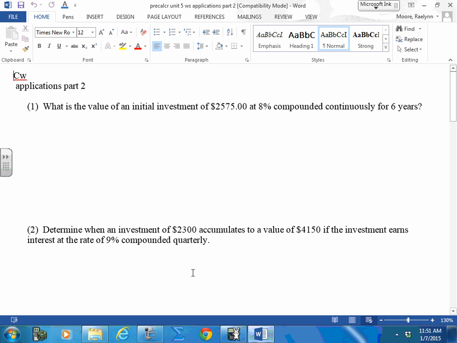Okay, we're going back to your investments. And you actually did these before. So start like this at the top. This is your compounding formula. Remember, N is how many times a year you compound. If it's monthly, what is N? 12.